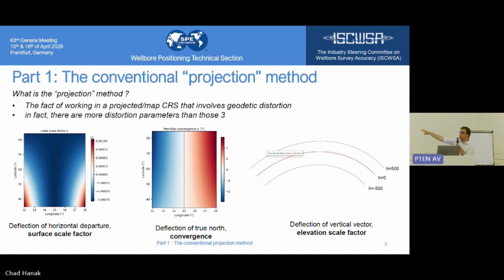Both of these distortion factors depend on the surface location you are considering on a given coordinate reference system. And the third one does not depend on the horizontal location, but depends on the depth you are at. So it is the elevation scale factor.